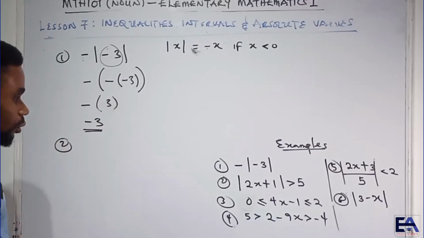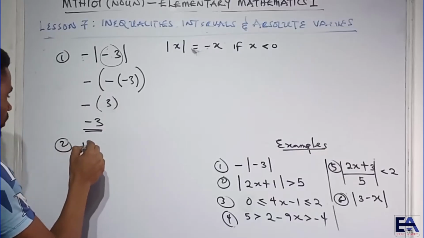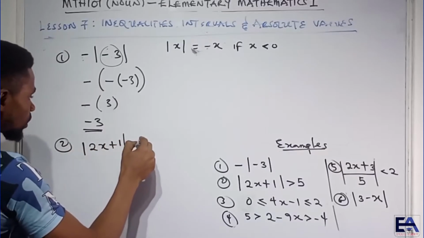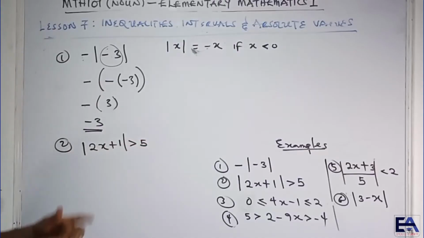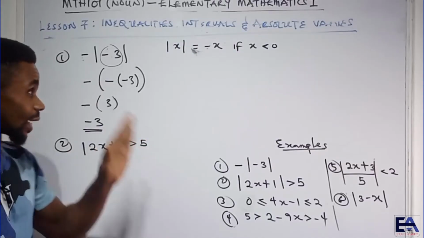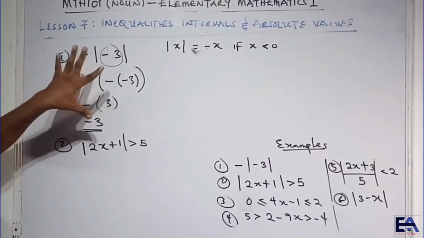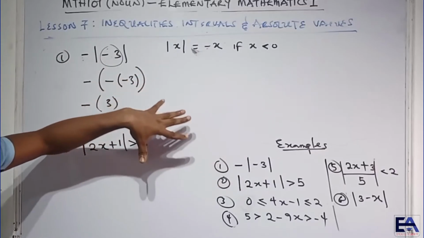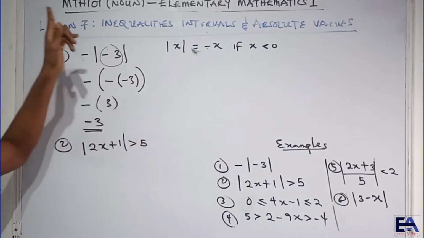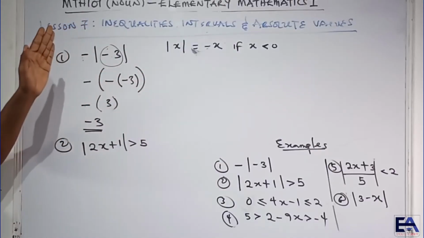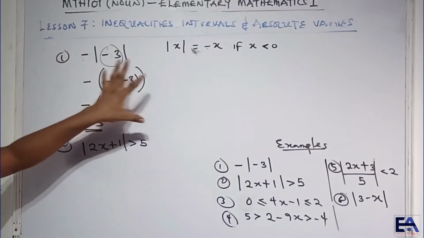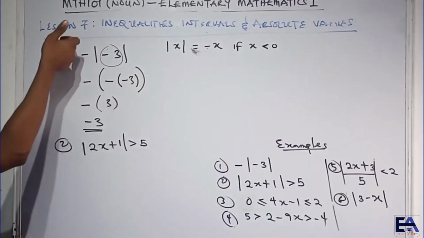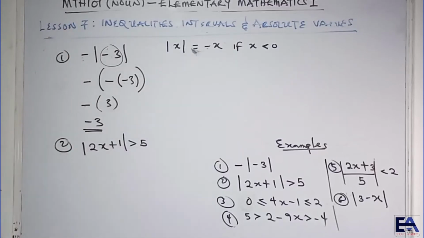Now, for the number 2, we have 2x plus 1, then greater than 5. There is a rule in absolute value, one of the rules we treated in the previous video. I didn't list it among the rules that I listed here, not because I've stated it before, but because I forgot to add it, since the first 2 rules I've stated before, then I still added them.